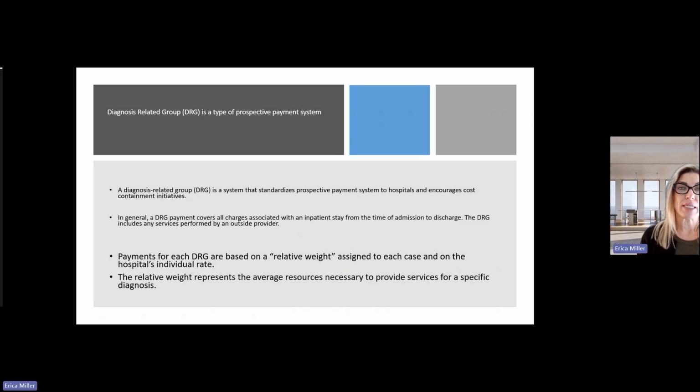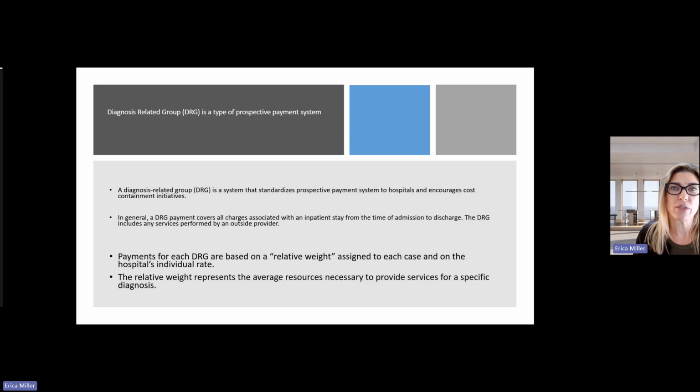So in general, DRG payments cover all the charges associated with an inpatient stay from the time of admission to the time of discharge. So the DRG includes any services performed also by an outside provider. So payments for each diagnosis related group are based on a relative weight. So I also like to refer to this as an RVU. So every service has a value to it.